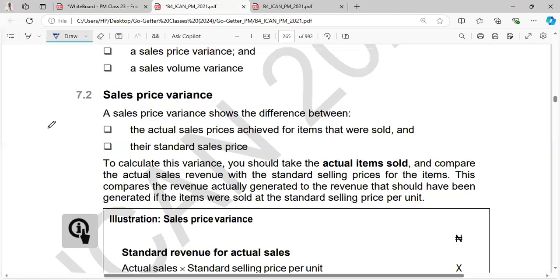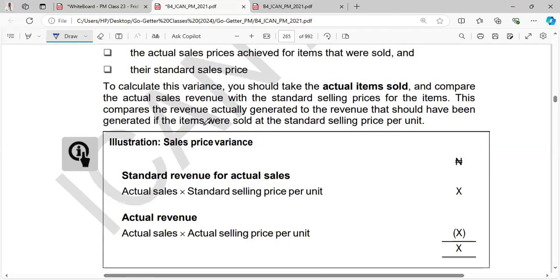But in the case of sales, we're looking at quantity sold and comparing the actual sales price with the standard selling price. So now let's look at this example here.